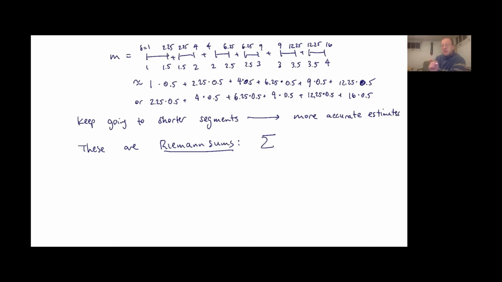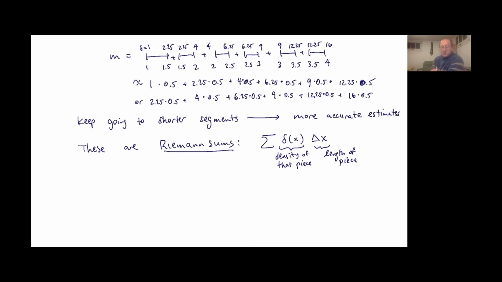And for each piece, we're adding up the mass of that piece, or an estimate for the mass of that piece, which is the density of a point in that piece times the length of that piece. Delta x is the length of the piece.